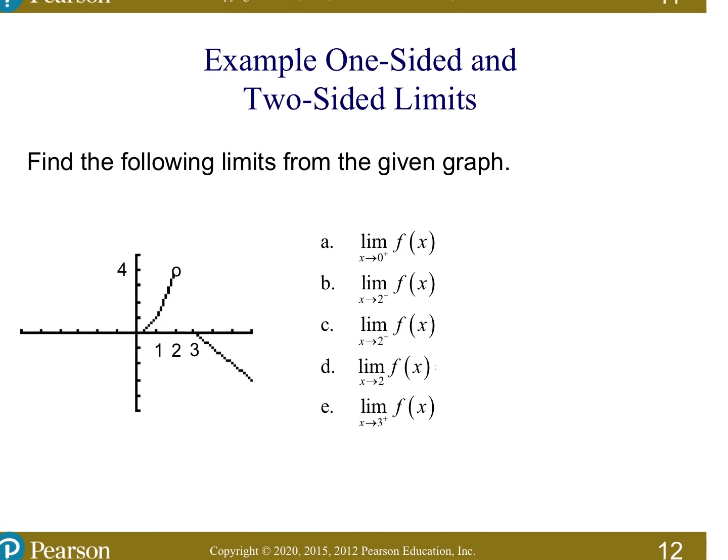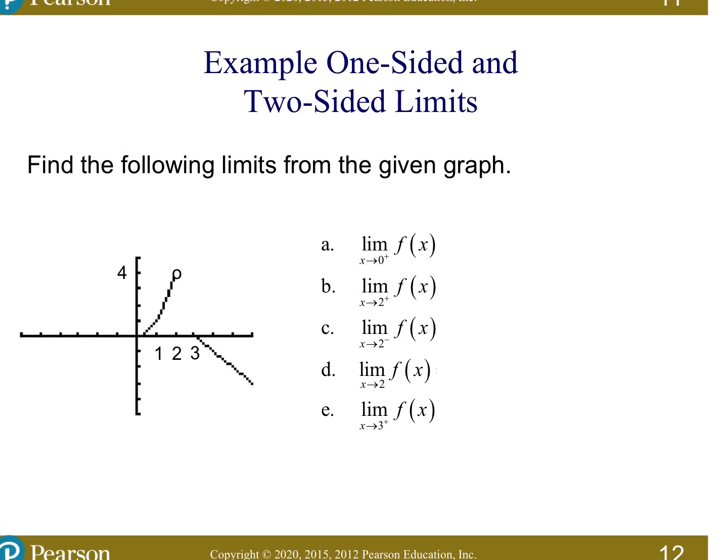All right, so let's look at the graph again about the different sided limits. Okay, so we want to approach 0 from the right. So looking at approaching 0 from the right, that means we're coming along this graph and approaching 0 from the right-hand side of the graph. And so that value as we approach is 0.